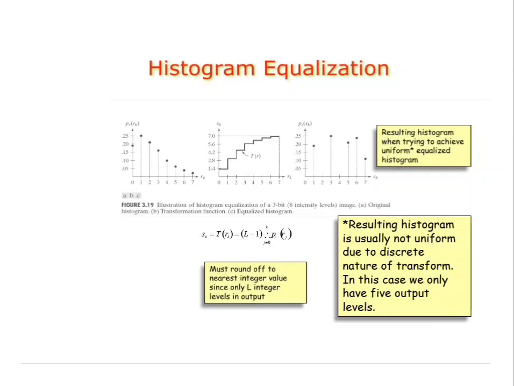Thus, unlike its continuous counterpart, it cannot be proved in general that discrete histogram equalization results in a uniform histogram. However, as you will see shortly, using the equation has the general tendency to spread the histogram of the input image so that the intensity levels of the equalized image span a wider range of the intensity scale. The net result is a contrast enhancement.